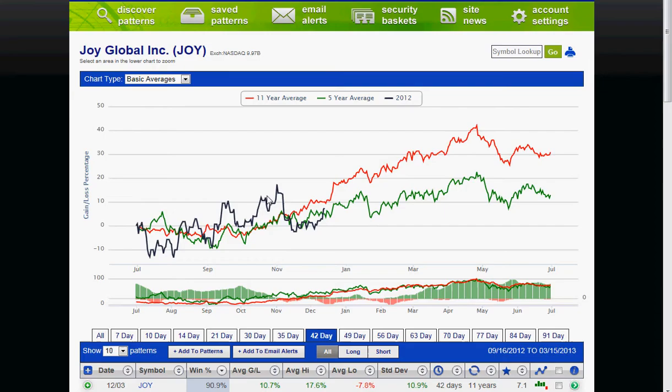Let's take a look here on the graph and see what we have. Another thing we can do is take this trend line here, 2012, and run it with a historical trend line of the 5-year trend, and here's the 11-year trend.